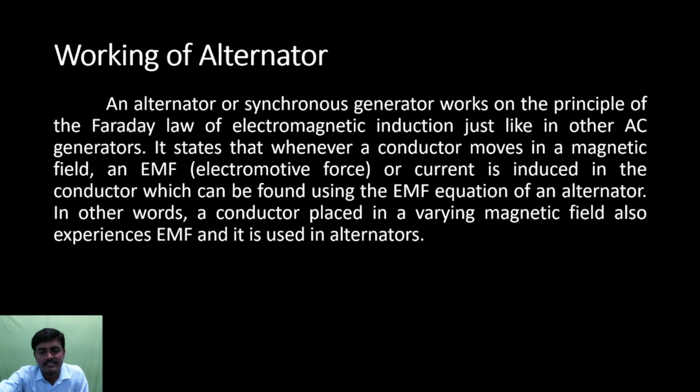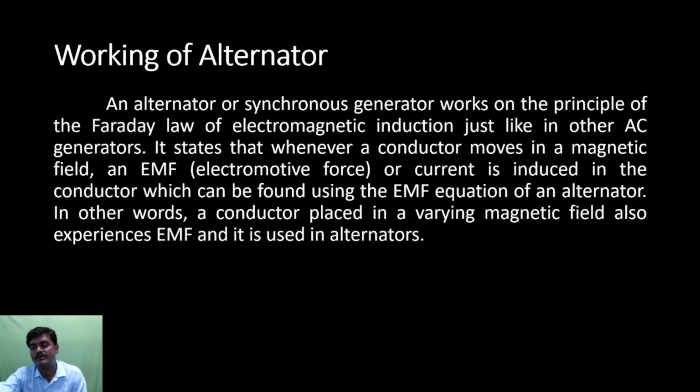The alternator, or synchronous generator, works on the principle of Faraday's law of electromagnetic induction, just like other AC generators. It states that whenever a conductor moves in a magnetic field, an EMF, electromagnetic force or current, is induced in the conductor, which can be found using the EMF equation.